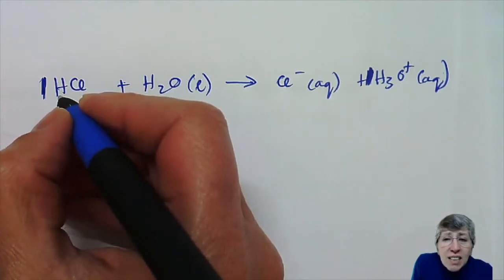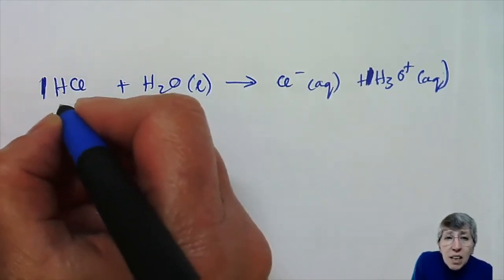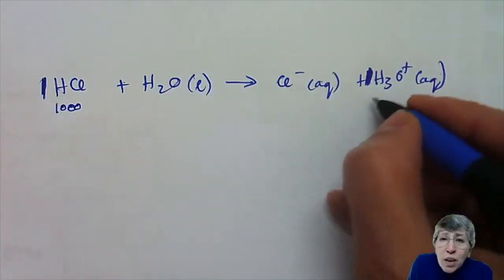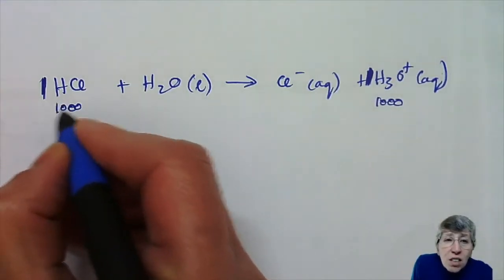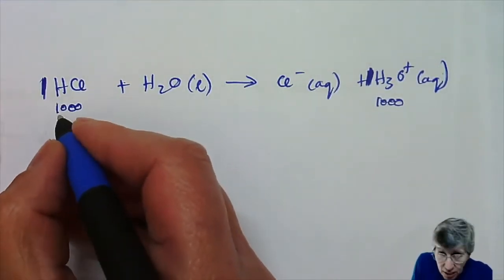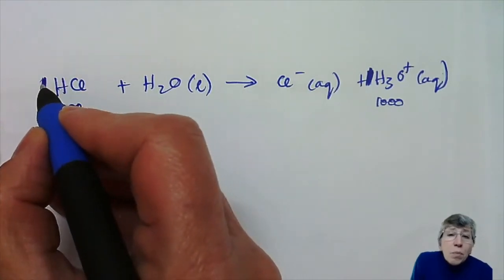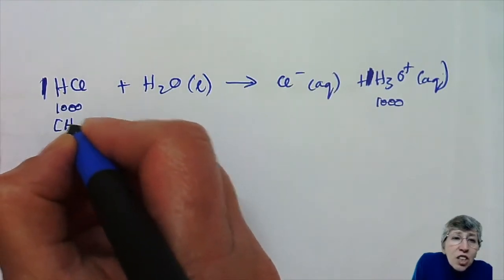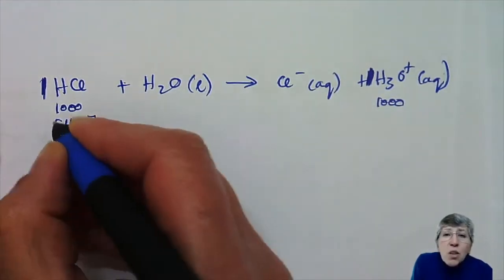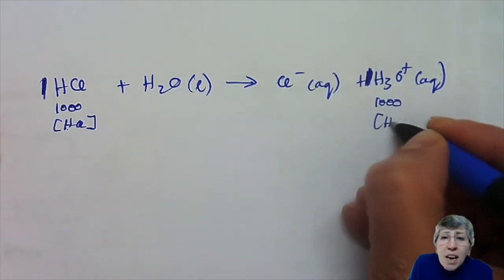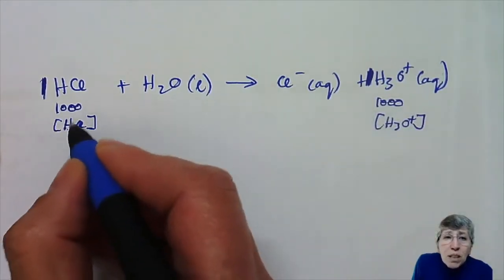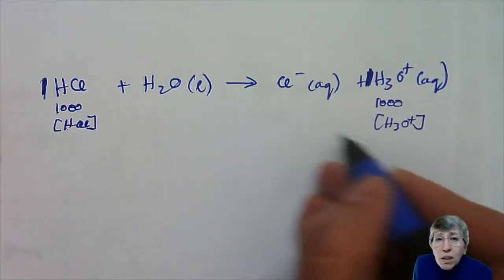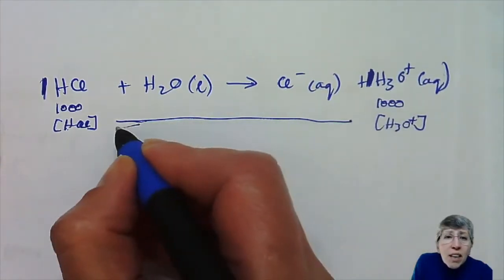If it's a strong acid, it will ionize completely, which tells me every single molecule that I put in will do this reaction, right? So if you've got 1,000 of them that I put in, every single one will react, and the equation tells me 1 makes 1. So I end up with 1,000. So here, if I had the concentration of the HCl, it would be exactly the same as the concentration of the H3O+, because every HCl is going to react and is making 1, right? So they are equal, right?